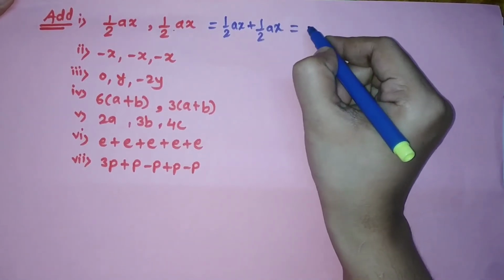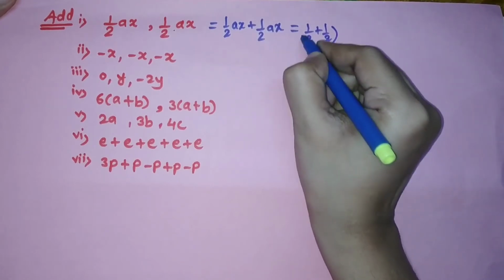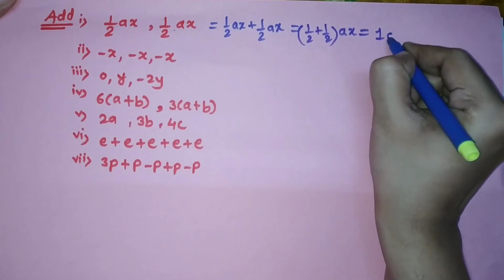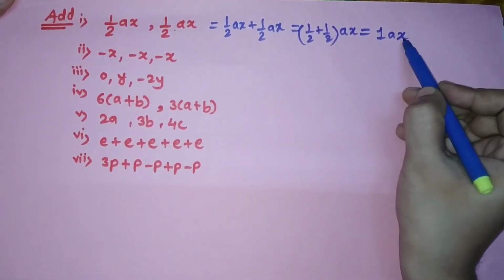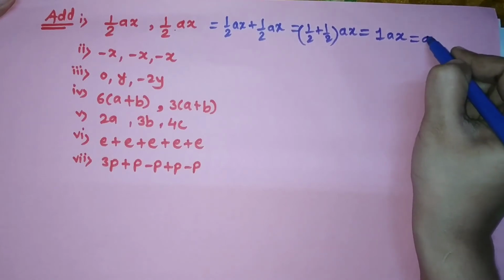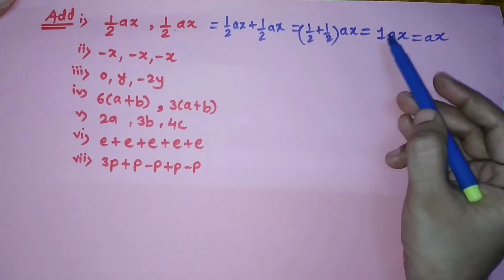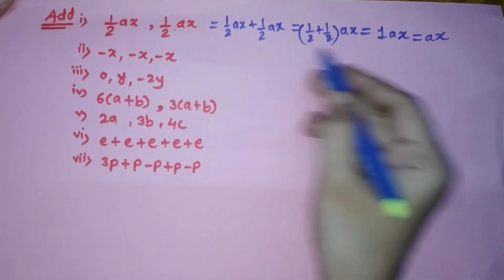So 1 by 2 plus 1 by 2, and ax will be here one time. Here it is 1ax. Half plus half gives 1. 1ax is just simply ax. If there is no coefficient, it means by default there is a 1. So 1ax can be written as ax.